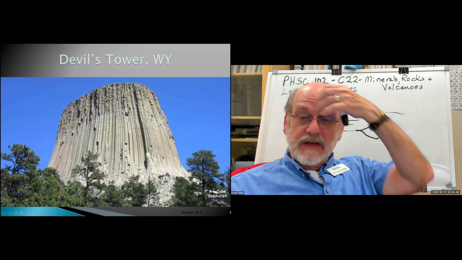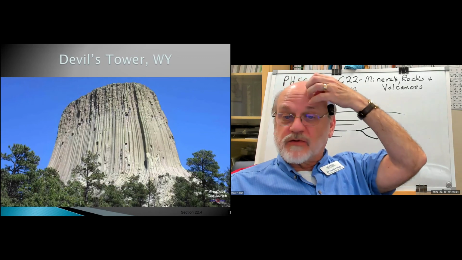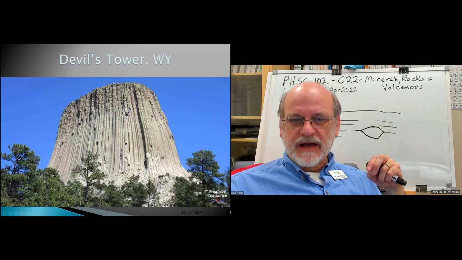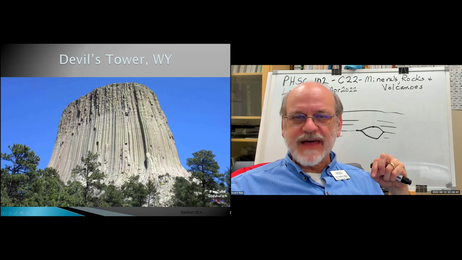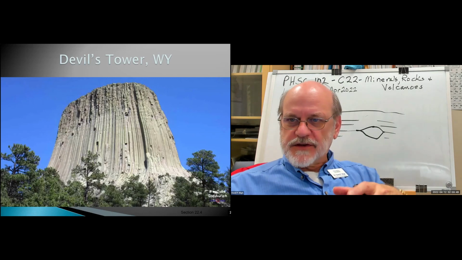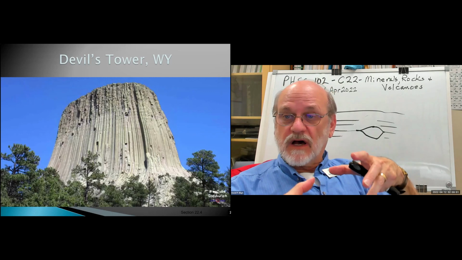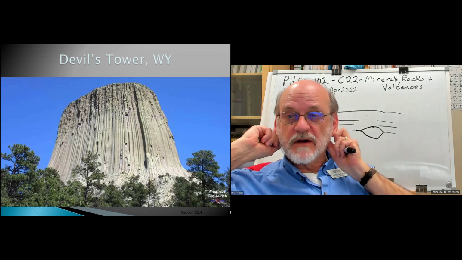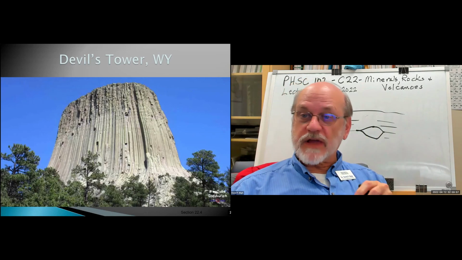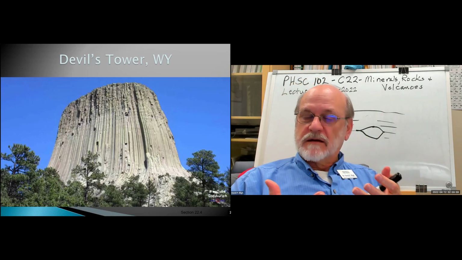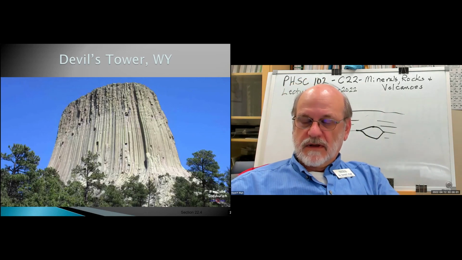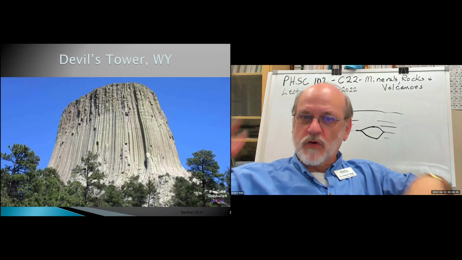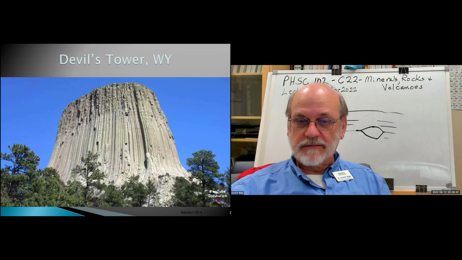Here's another intrusive igneous rock, Devil's Tower in Wyoming. One belief is that it was the central structure of a volcano, and the feedstock for the volcano underneath, the magma, settled down and cooled over time, and then the outer layers were eroded away and left this in the middle.